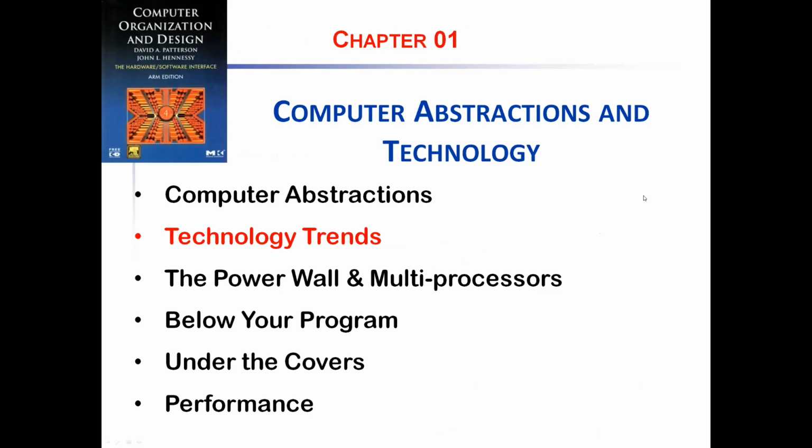So today, we are going to talk about some technology trends around computer architecture. That involves a little bit of history about how we came to be in the current position when it comes to computer architecture and the related technologies.